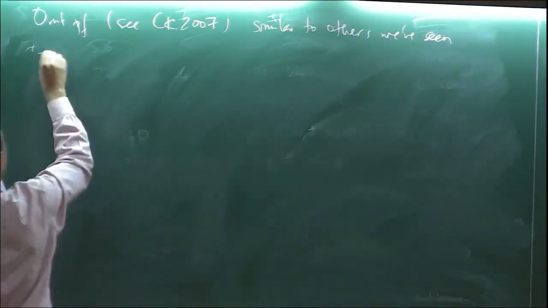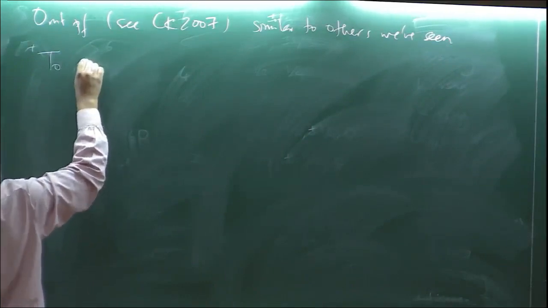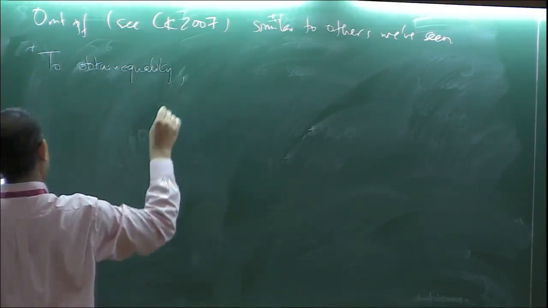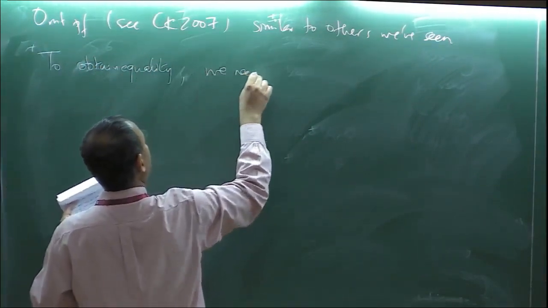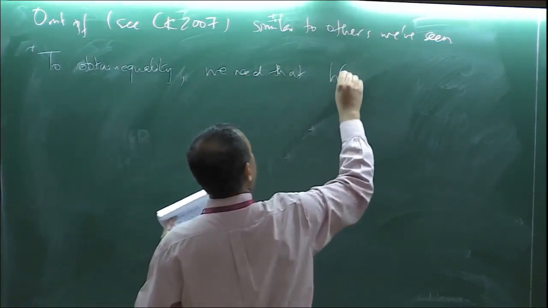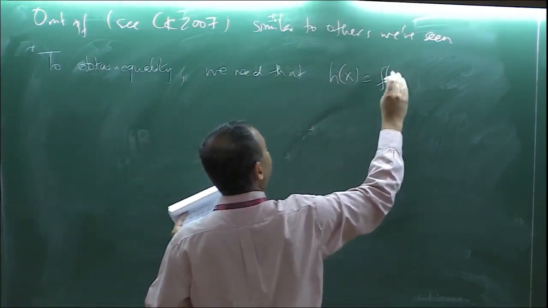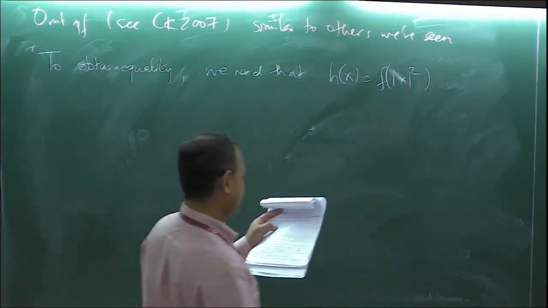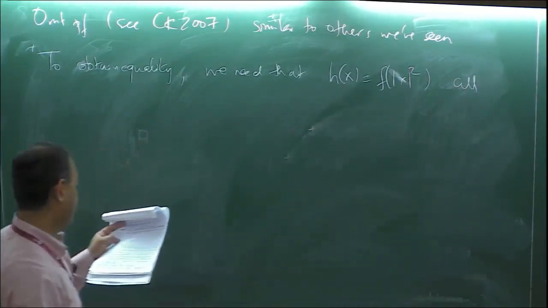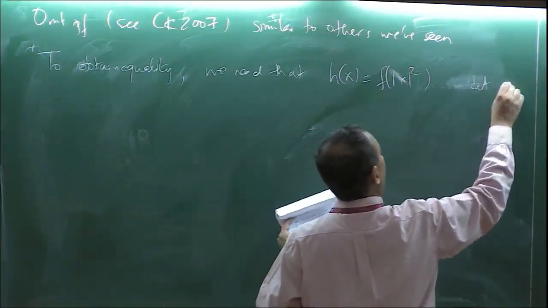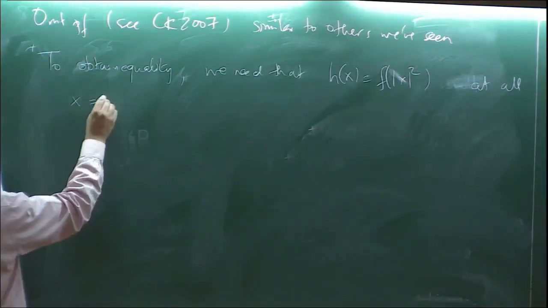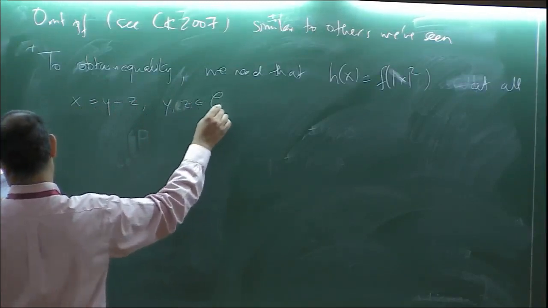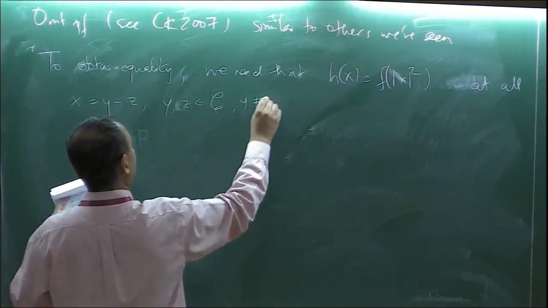But let me remark, to obtain a sharp bound, what do we need? We need that h actually equals f. This is something that you see when you write out the proof, which I'm not doing, but I'm just going to say what the result is. So h has to equal f at all x of the form y minus z, where y and z are elements of the periodic configuration not equal to each other.